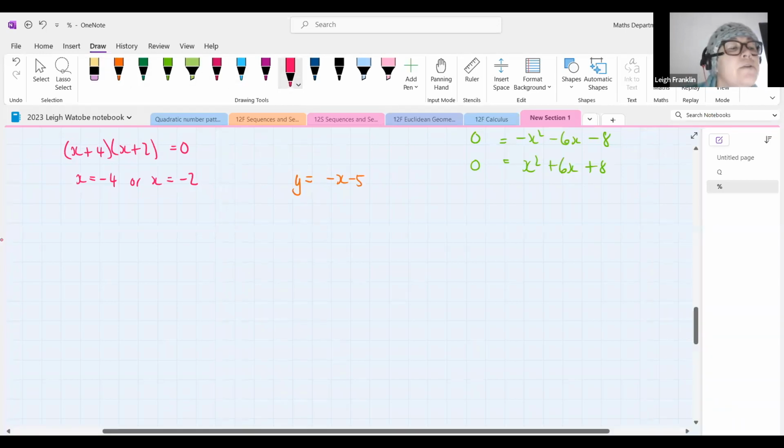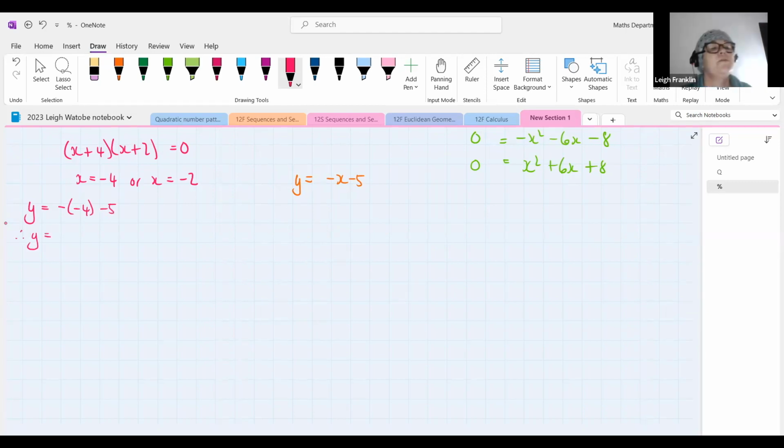So we've got y equals negative x minus 5. So y would be equal to 4 minus 5, so that would be negative 1. So one pair of coordinates would be minus 4, minus 1, or y would be equal to 2 minus 5, so that would be negative 3.